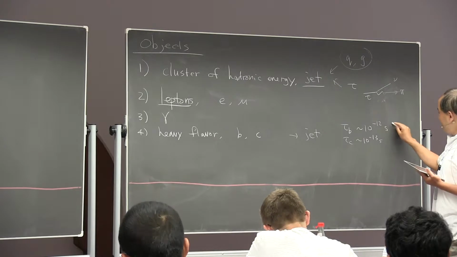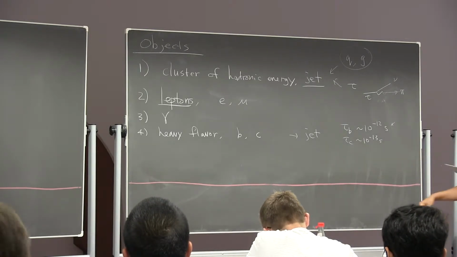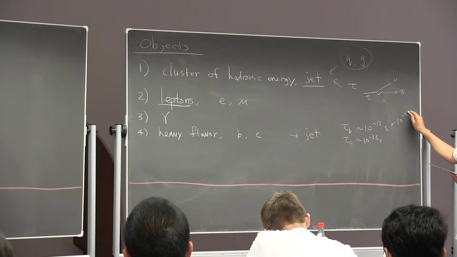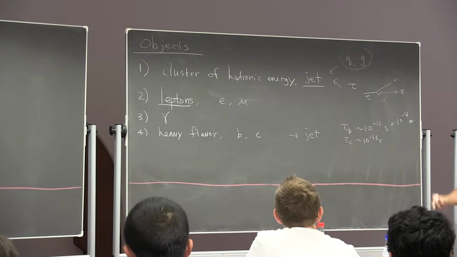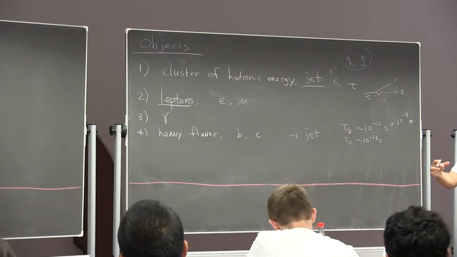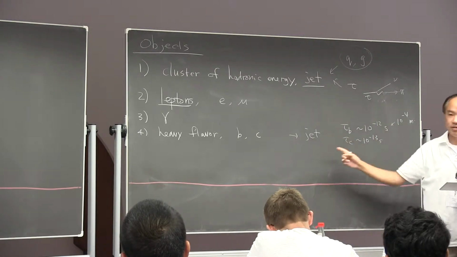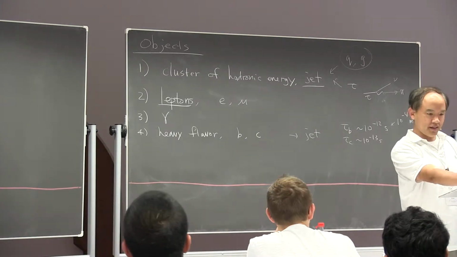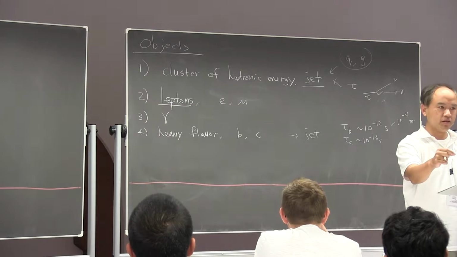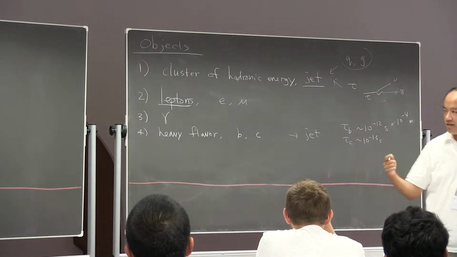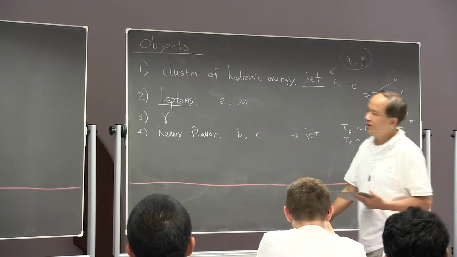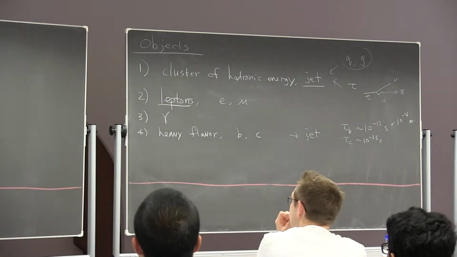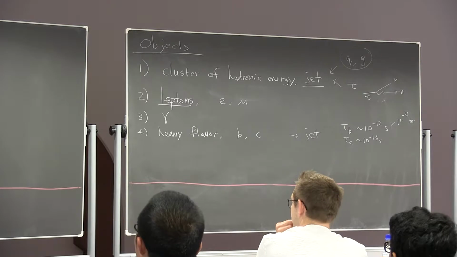But what this does is that this is about 10 to the minus 4 meter, so it actually gives you a little bit of a displaced vertex. You can tag the decay products of the B and go back and see that it actually did not decay where it was produced. In every event there's an interaction point, and in the collider you can see that, and then you see a lot of things coming out.